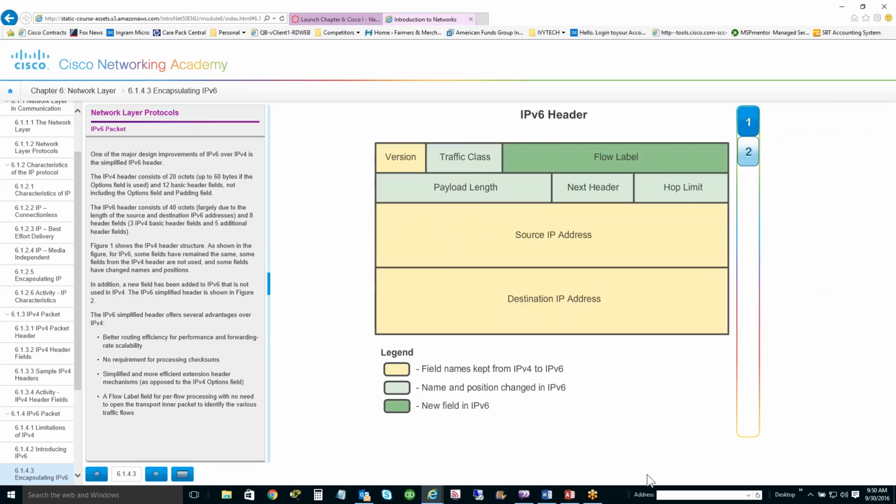The headers are very similar, but you can see that there are structurally some differences. So you need to familiarize yourself with what is different between the two headers.